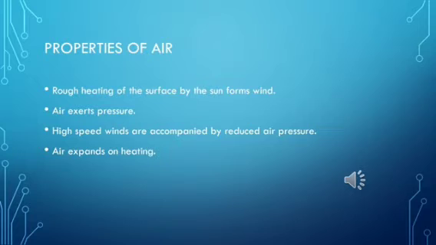Now we will discuss this point wise with examples. We'll discuss each property with examples so that you understand it better. Once you understand these three points, then you will understand why winds are formed and how storms and cyclones are formed.